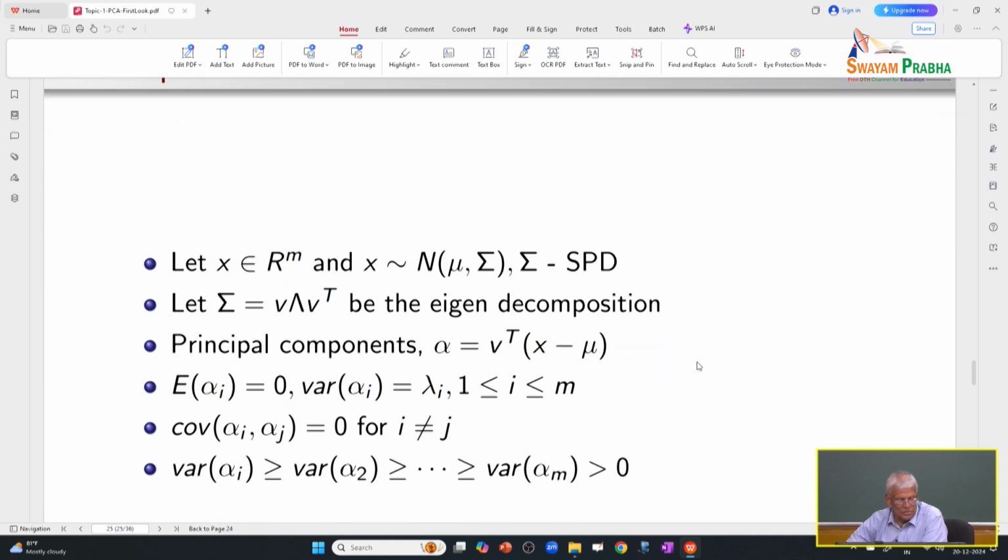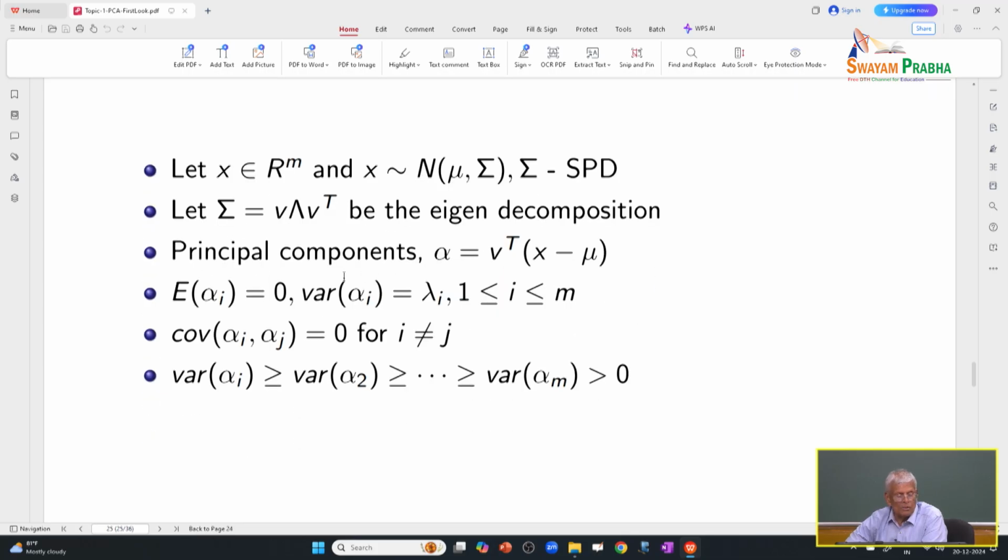I am now going to talk about an example in multiple dimensions. In this case, x is in R^m, x is normal with mean mu and covariance sigma, sigma is SPD. I have an eigen decomposition. I am assuming x was centered; here x is not centered, so I am subtracting the mean.